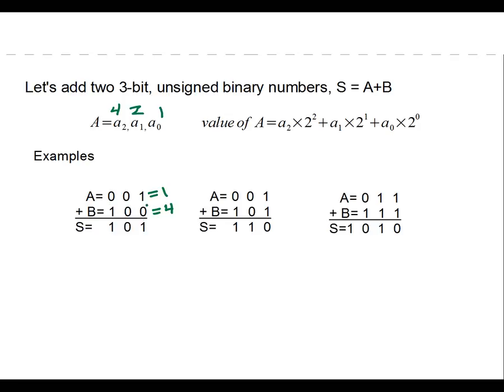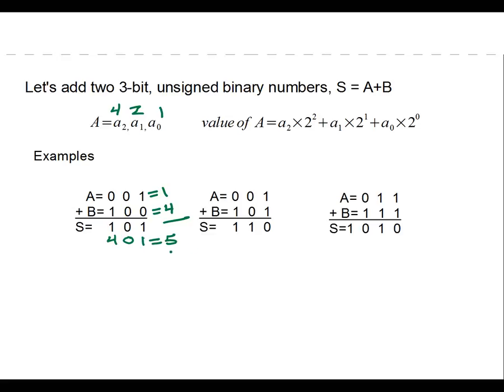So just like long addition, we do addition in binary, where 1 plus 0 is 1, 0 plus 0 is 0, and 0 plus 1 is 1. So this is 4, 0, and 1. This thing is equal to 5. So we indeed know that 1 plus 4 is equal to 5 in decimal.